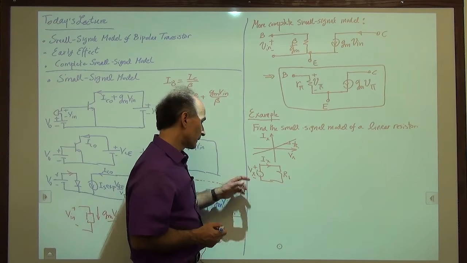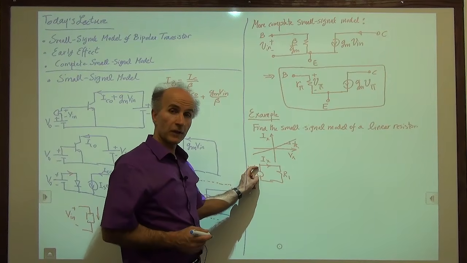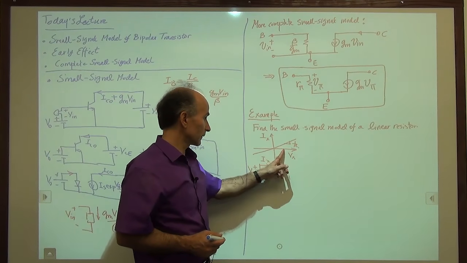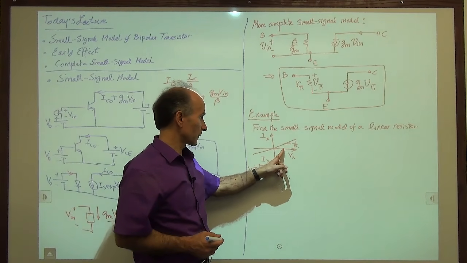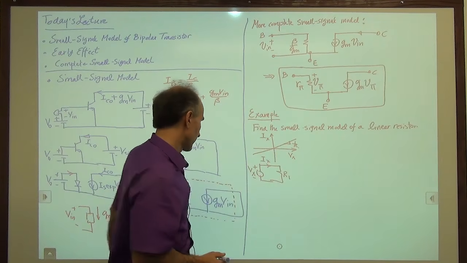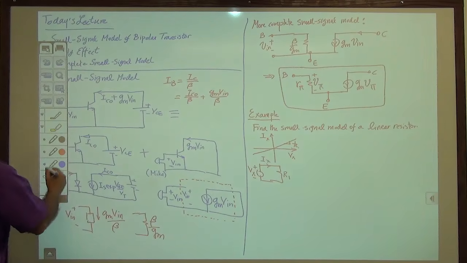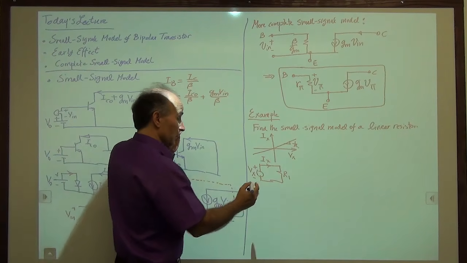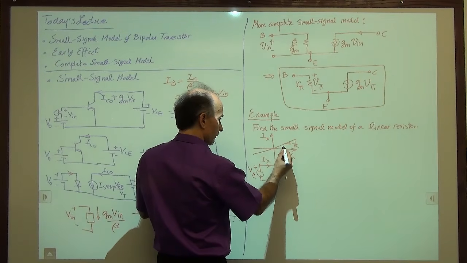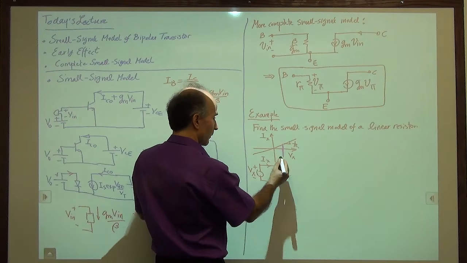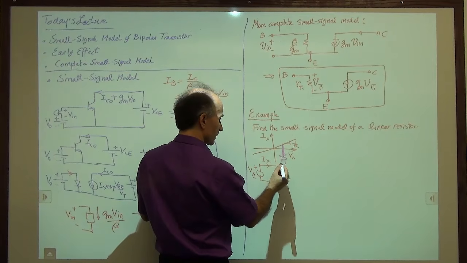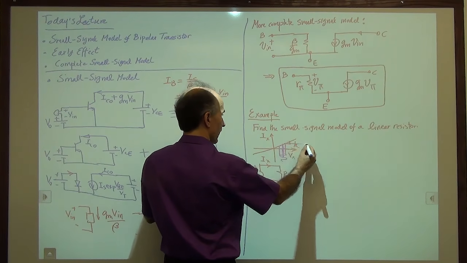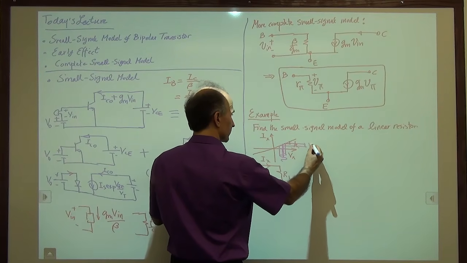So now if this voltage changes by a small amount, so let's say the voltage is already 1 volt, and now it changes by a few millivolts. What happens? Well, if I change the color of my pen, so let's say we are sitting at a voltage of 1 volt, and now we begin to change. Then we are confined to this area, and we have some change in the current.